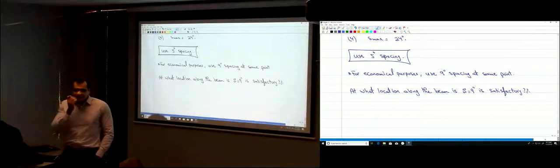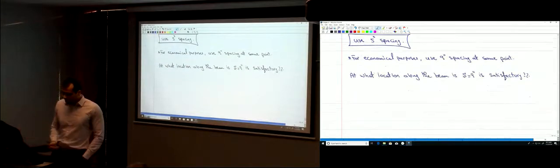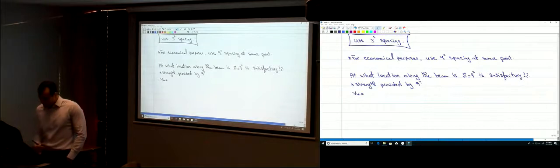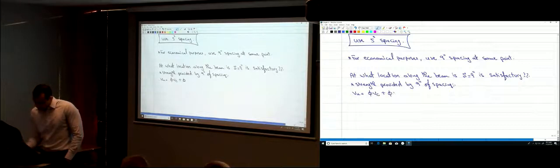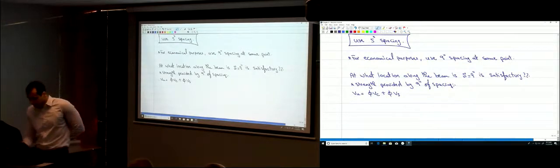So let's calculate the strength that will be provided by the beam if 9 inches of spacing is provided. The strength provided by 9 inches of spacing is phi Vn, which is the strength of the concrete plus the strength of the steel.